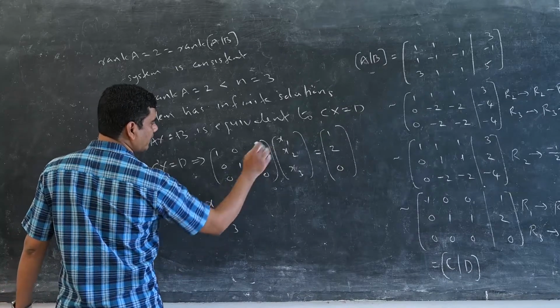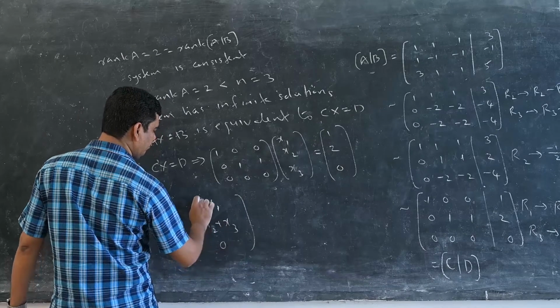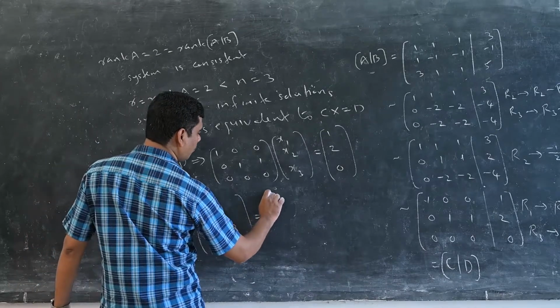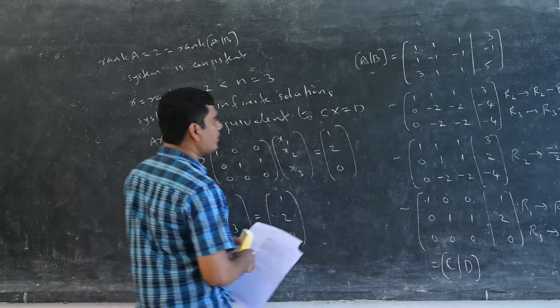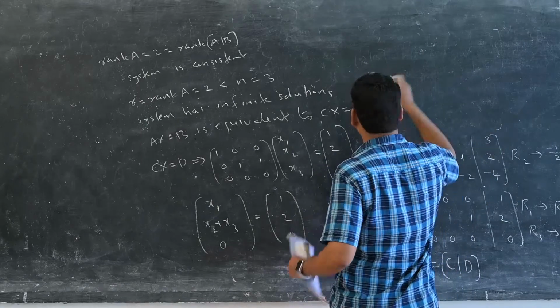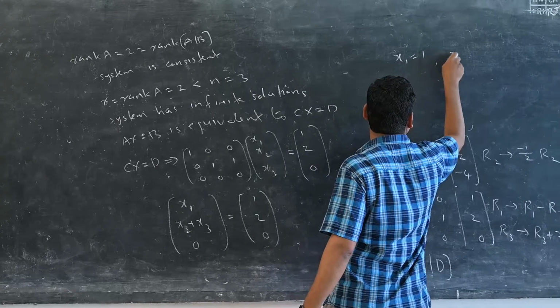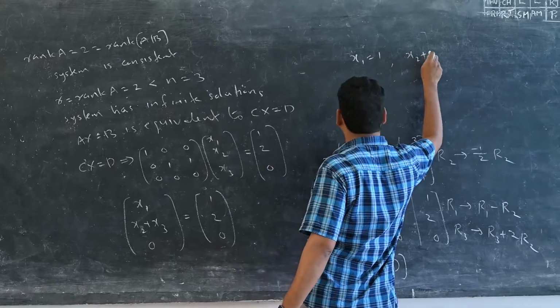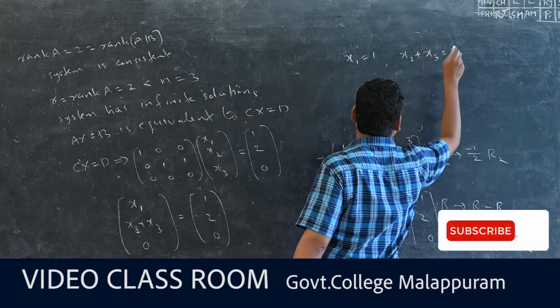Here 0 into x1 plus 0 into x2 plus 0 into x3. This is equal to 1 2 0. So x1 is equal to 1. x2 plus x3 is equal to 2.